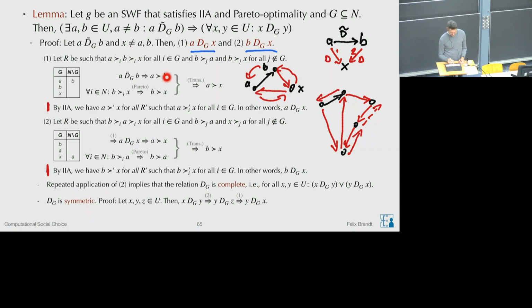Because the consequence is a strict preference, and quasi-transitivity is a weaker notion of transitivity. And the same is true here. So that means this part of Arrow's impossibility would also work if the social welfare function only has to return quasi-transitive relations rather than transitive ones. That's not true for the rest of the proof, but this part can be reused because there are variants of Arrow's theorem where the collective preference relation only has to be quasi-transitive or maybe even acyclic. Okay, so that's just a comment on this proof.